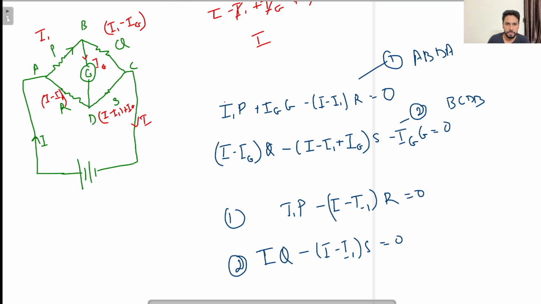And here is a small error: it's I1 here into Q, so this is also I1.